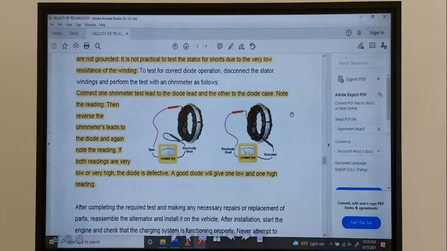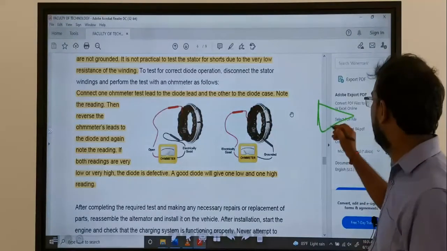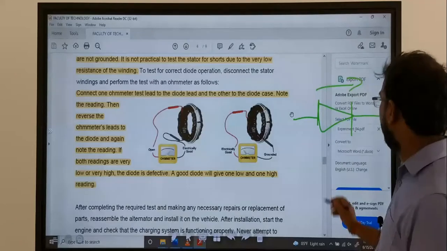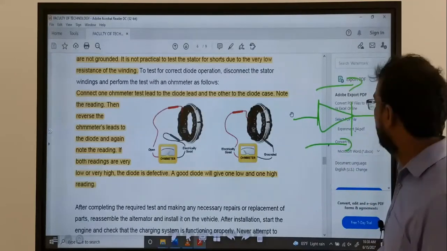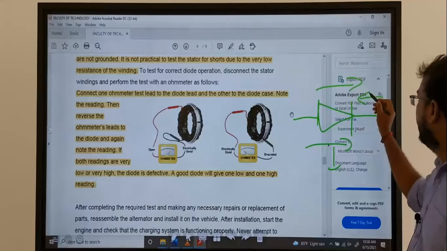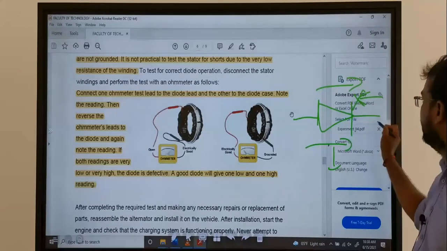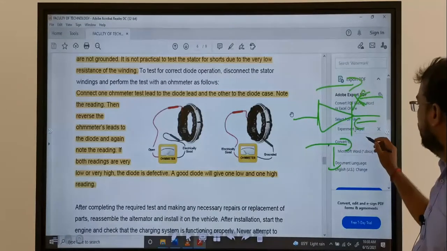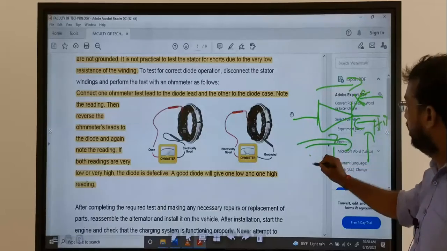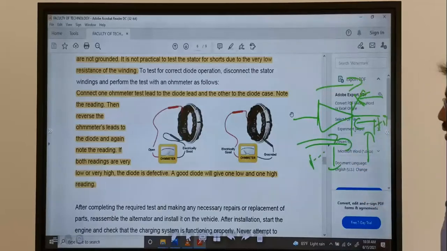A diode only conducts in one direction. So when the current flows like this, the resistance is low. When it goes the other way, the current cannot flow, so the resistance is high.